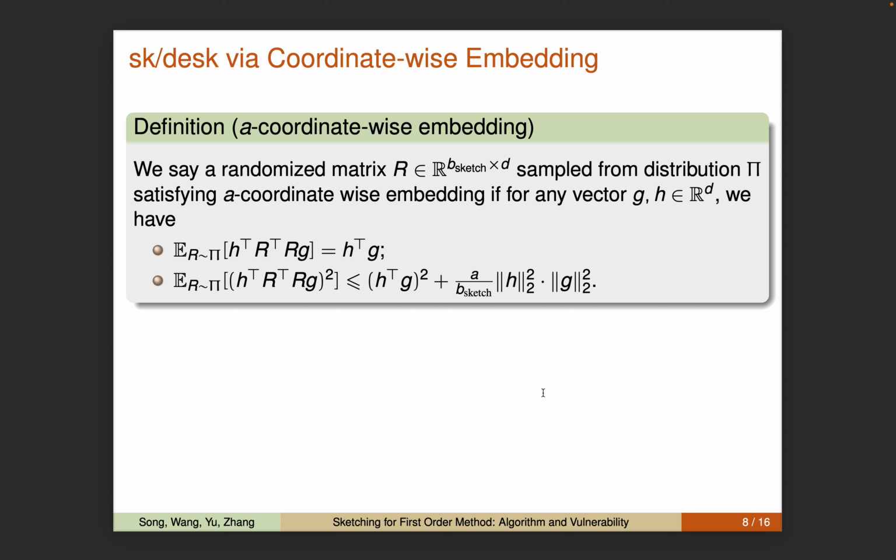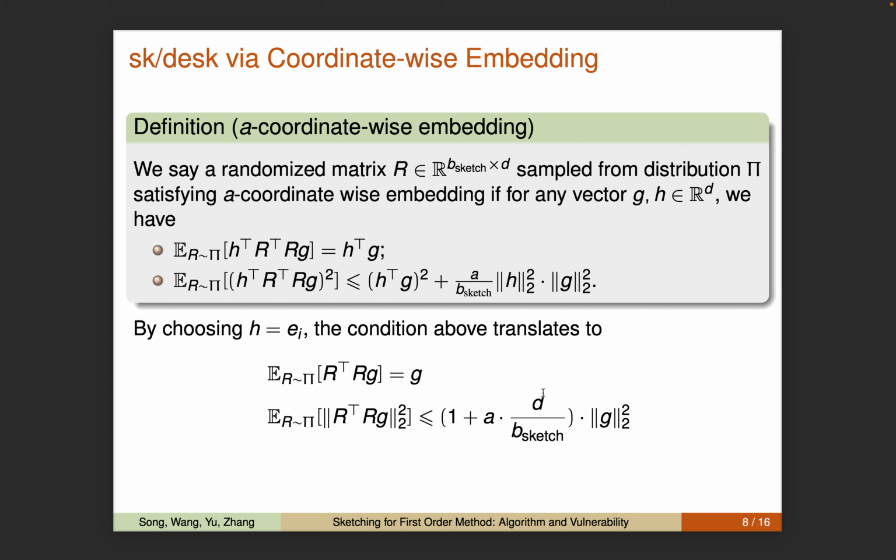And the variance of the sketched inner product is also very small. We write it in terms of the second moment: if we subtract (h transpose g) squared from both sides, then we get a variance bound, which is smaller than or equal to A divided by B_sketch times the norm squared of these two vectors.